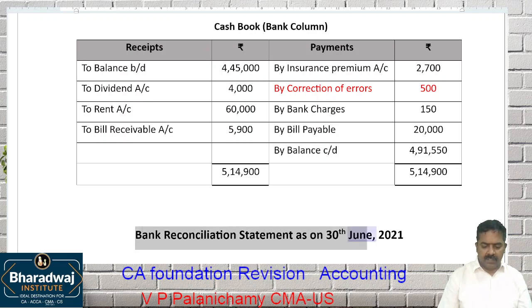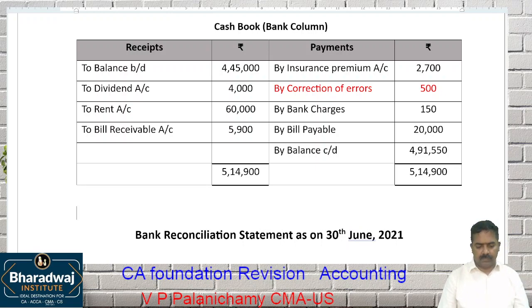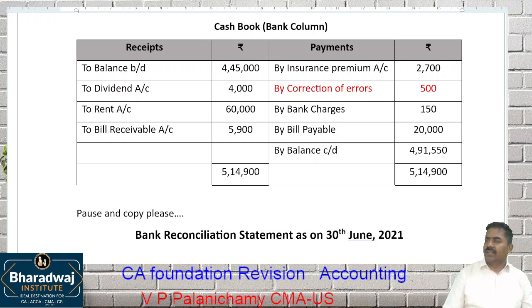Now let us prepare BRS. So for BRS, we are going to start with which one? 4,91,550 and do it.